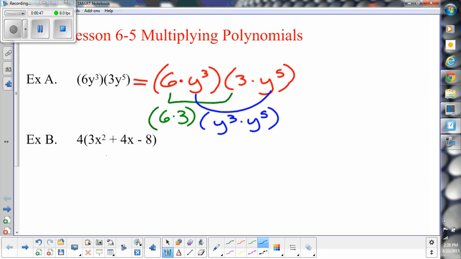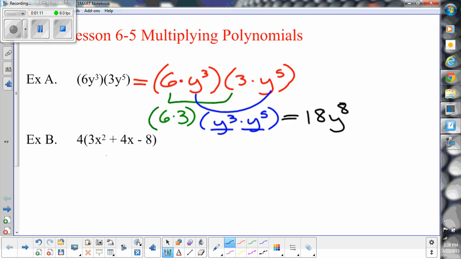Well, 6 times 3 is 18, and y cubed times y to the fifth, well, y appears as a factor 3 times in this part of our monomial, and it appears 5 times in this part.